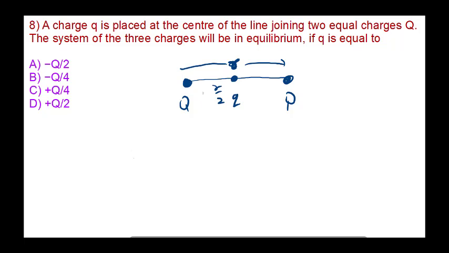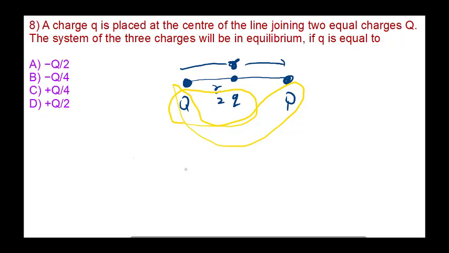So here, when do we say the system is in equilibrium? When the algebraic sum of forces acting on the system of charges is 0. So first of all, we find the force between these two charges and the force between these two charges, and they sum up to give 0.